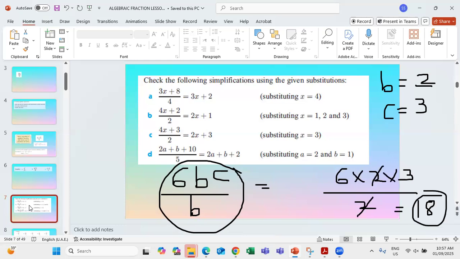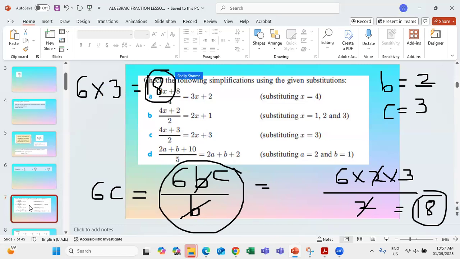Now I simplify this result and I got it as 6c, and then I substitute the value of c, which is 3, and I got 18. So even if I don't simplify and I substitute the values, or if I simplify and then I substitute the values, both are giving me the same results.